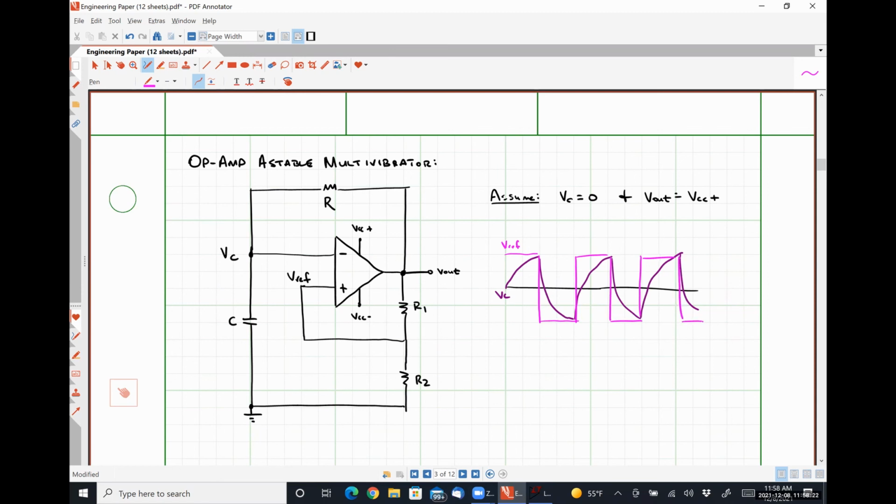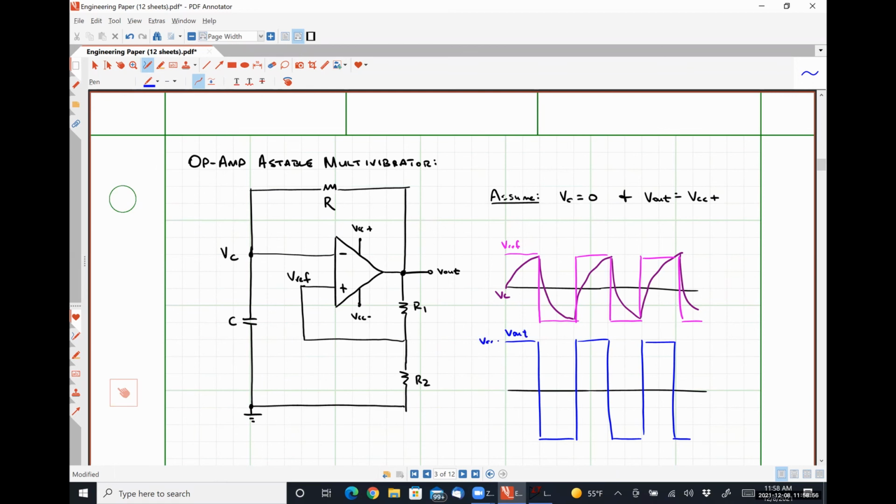The output signal is just oscillating between VCC plus and VCC minus. So this blue curve is V out.